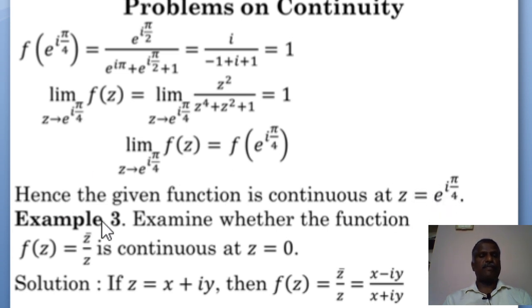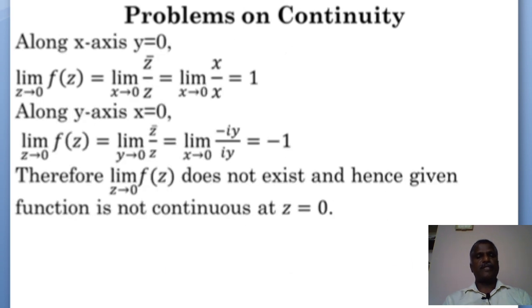Let us see example number 3. Here we have to examine whether the function f(z) = z bar by z is continuous at z = 0. Here z = x plus iy, so f(z) = z bar by z = (x minus iy) by (x plus iy). We consider two cases. Along the real axis, the x axis, y = 0, so the limit of f(z) is x by x, that is 1.